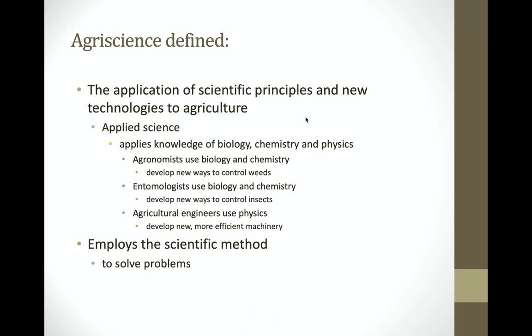Instead of just talking about something like biology, you're going to specifically get into different parts of biology. Like on here, it talks about entomologists, and entomologists are going to be people who help to control insects and study insects. And then people who are agronomists are going to use biology and they're going to use chemistry, but they're also going to be looking at crops and helping to control weeds in crops.